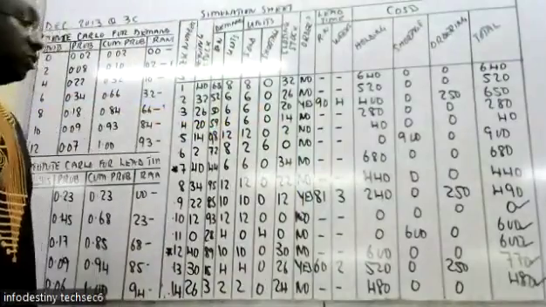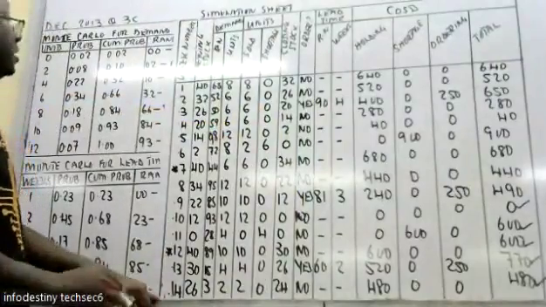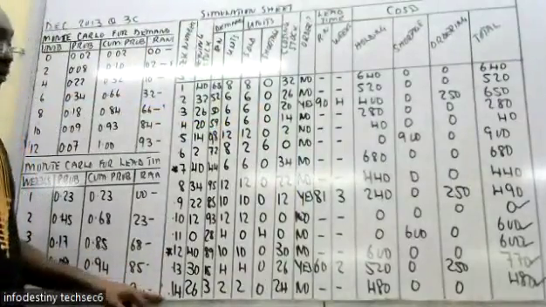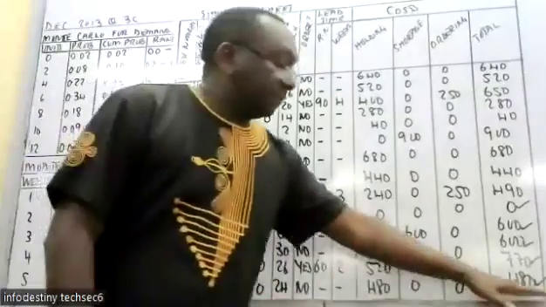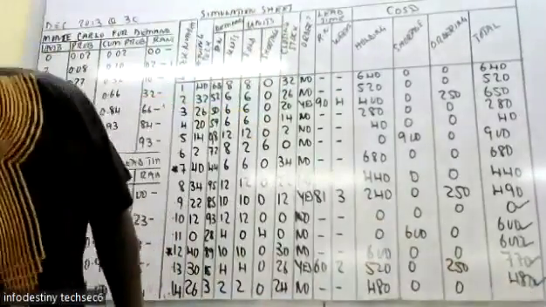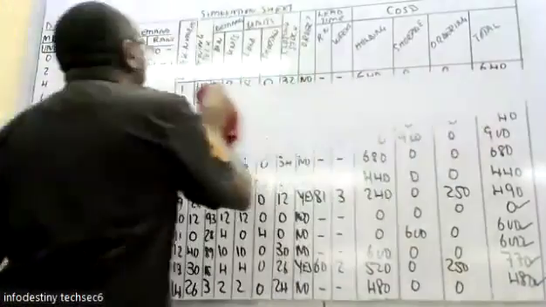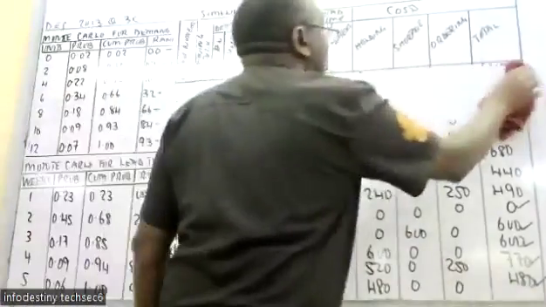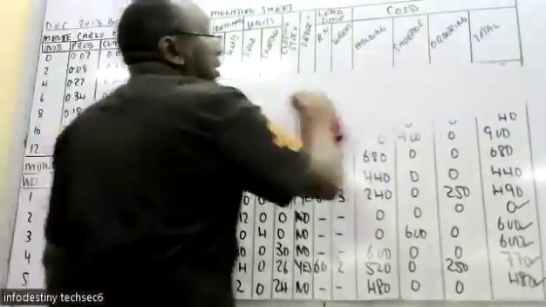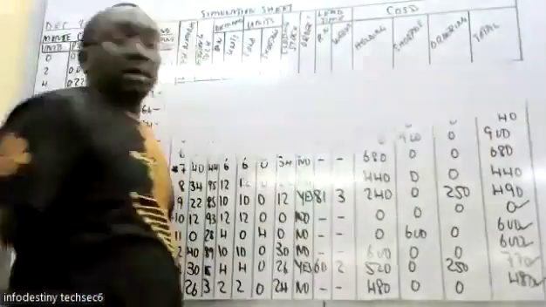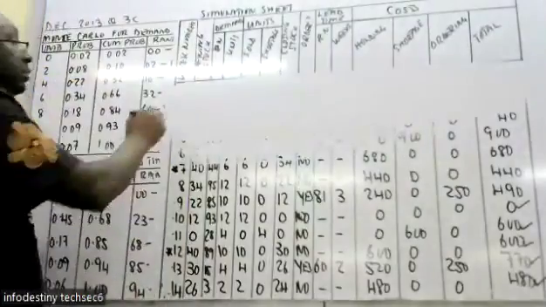So now what you do, below that, give me the total. Andika total, unipatie total ya hii. Below that, you get the total.